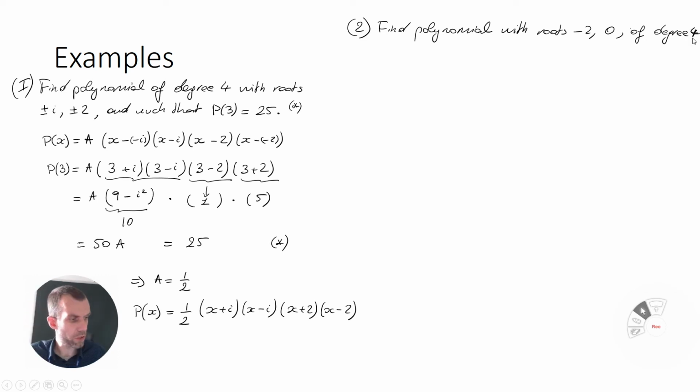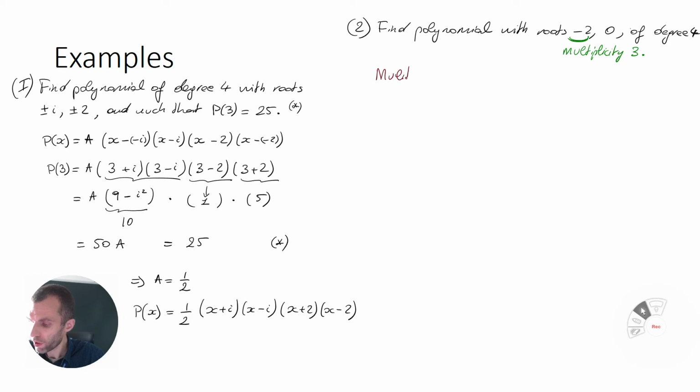And now a special twist. We want the root -2 to have multiplicity 3. And so that's a concept that we haven't seen before.